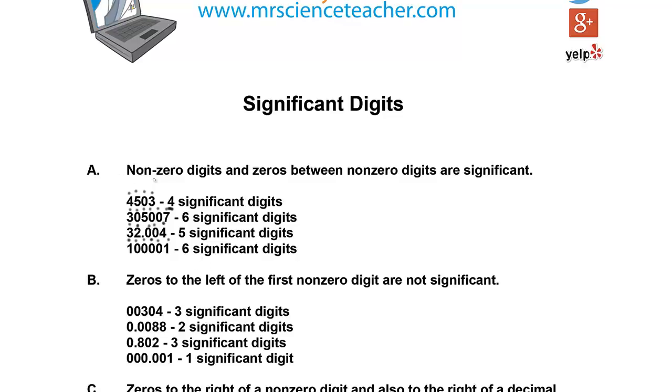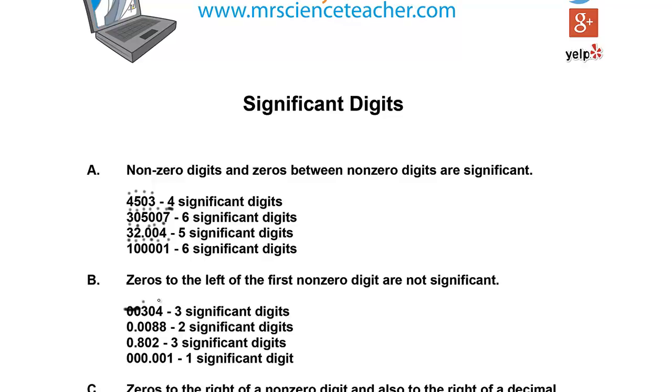First step, you have to know that non-zero digits are significant and zeros between non-zero digits are significant. Step B, zeros to the left of the first non-zero digit are not significant. Okay, so these zeros appear before a number, so they are not significant.